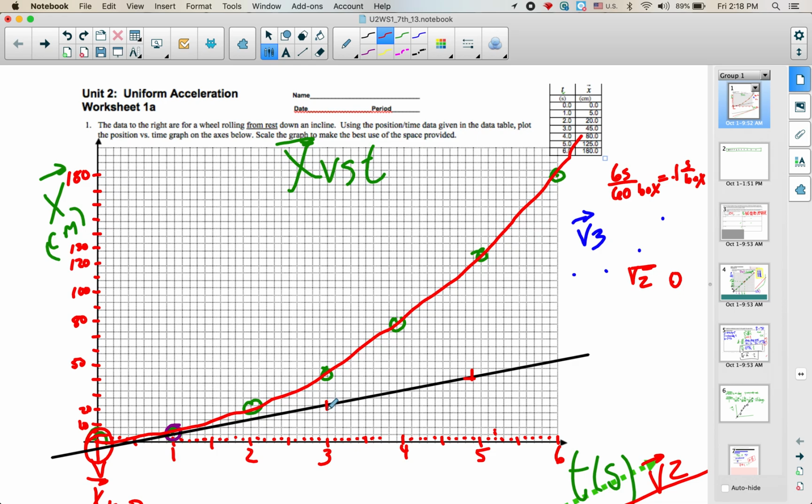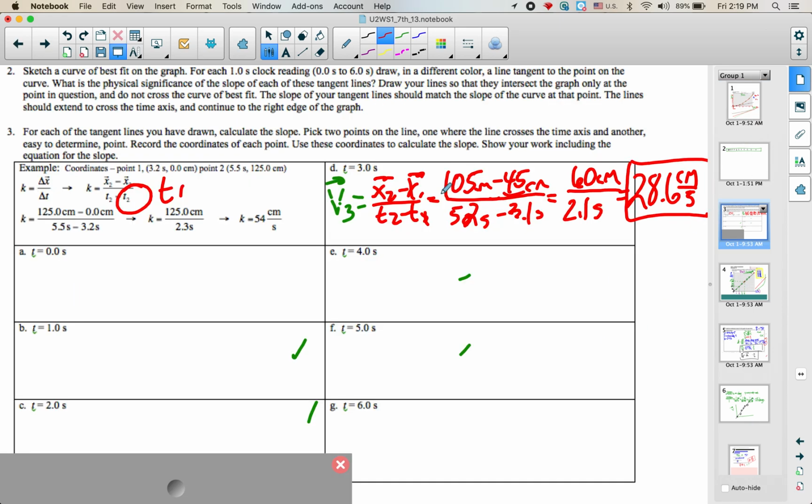This one looks pretty good, about 3 seconds, and that's at 5, 10, 15, 20, 25 centimeters at 3 seconds. So you could use that, do change in position divided by change in time, and get the corresponding velocity.